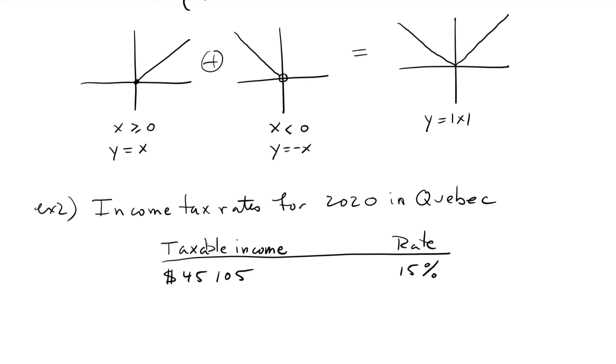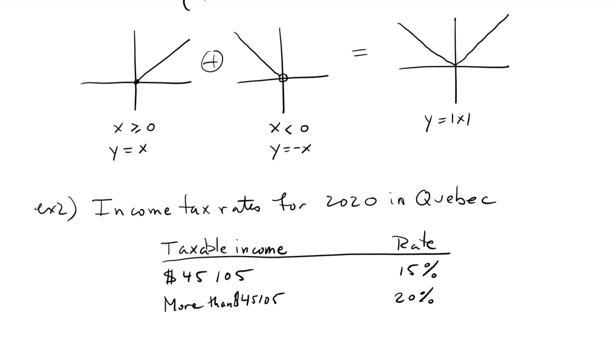Now, if you earn more, if your taxable income is more than $45,105, I'm cheating a bit, by the way, because there are more tax brackets afterwards. But let's say I'm going to simplify this a little bit. So let's say you earn more than $45,000.